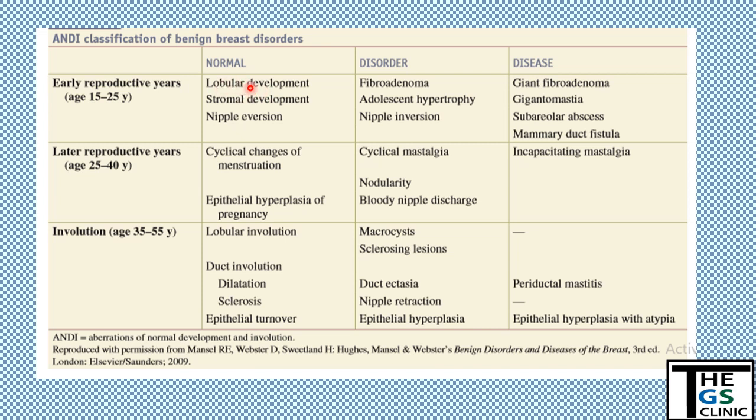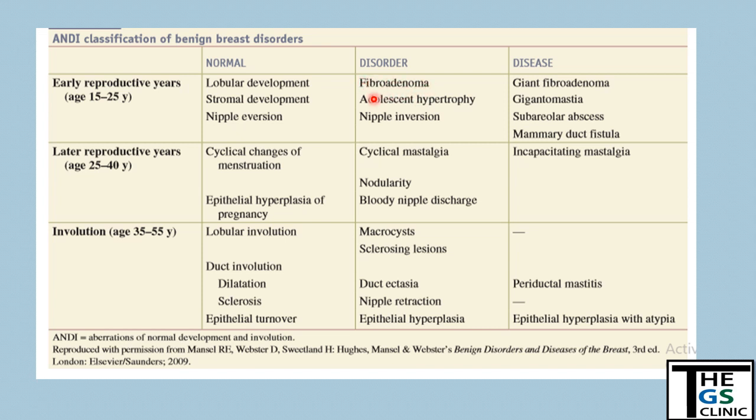First of all, in the young age group, we have normal conditions. Here, as you know, there will be an increase in the size of the breast due to lobular and stromal development, and there will be eversion of the nipple. All these are normal conditions and will happen in any female in this age group.